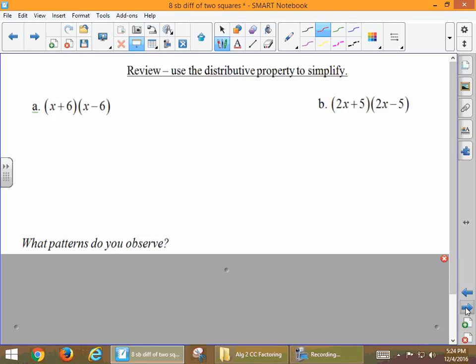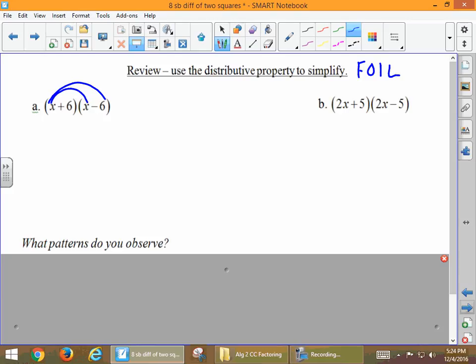Let's take a look at a little bit of a review here of the distributive property. Sometimes you call this FOIL. And FOIL stands for first, F, outer, O, inner, I, last, L. When we multiply, we really distribute the x over the x minus 6.